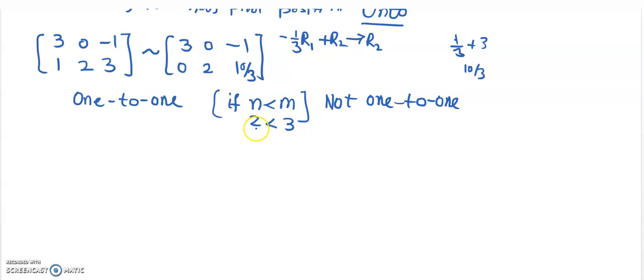So if the number of rows is less than the number of columns, then it will not be a 1-to-1 transformation.